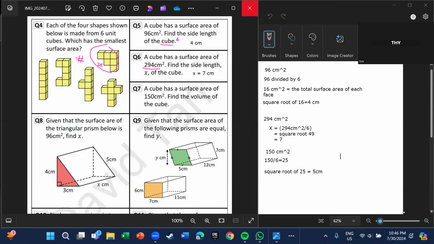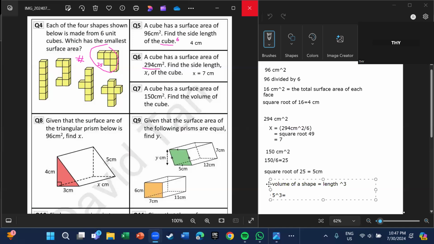Now that we've gotten one side, we all know that the volume of a shape is the length cubed. So in this case, 5 cubed would give us 125.